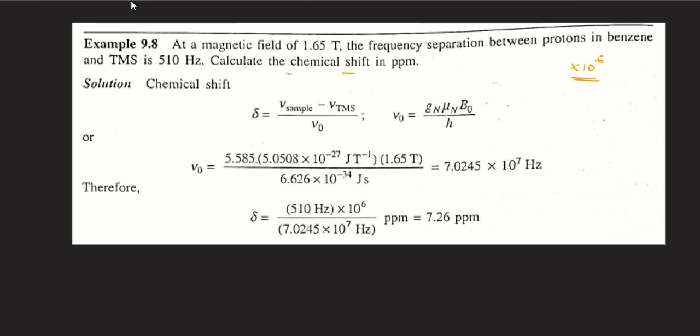Now what is the formula for chemical shift? We have seen chemical shift delta is equal to nu sample minus nu reference divided by operating frequency.